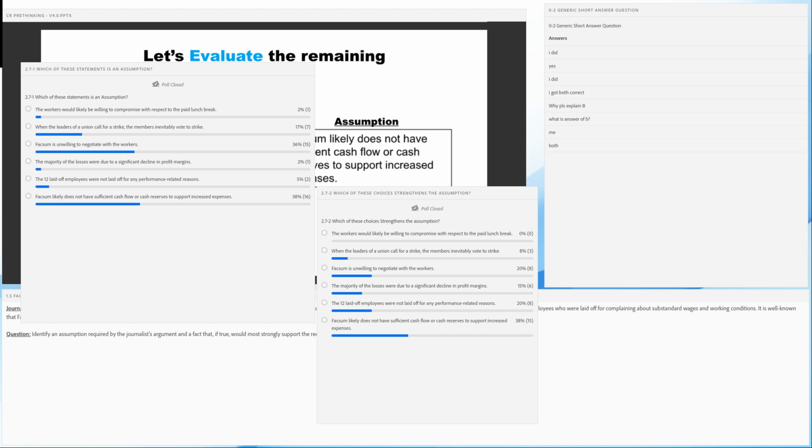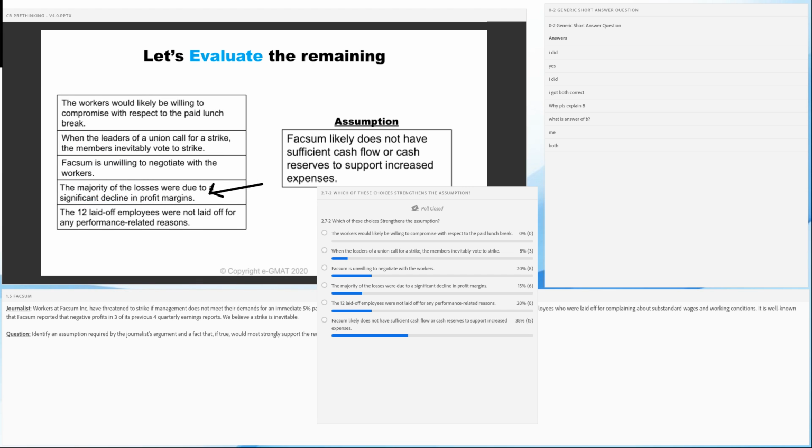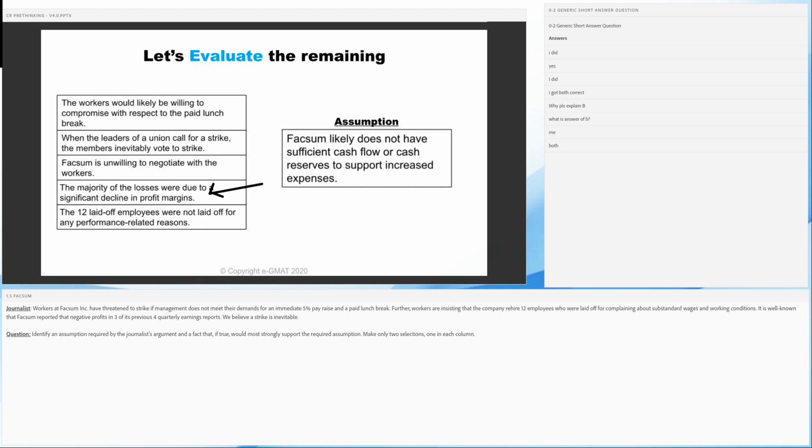Please explain B. Absolutely. Let me explain that. If your assumption is that Faxam does not have sufficient cash flow or cash reserves, the question is what will strengthen this assumption? Not my conclusion. I want to strengthen this assumption. And for that, what would strengthen this assumption is why the losses were happening.